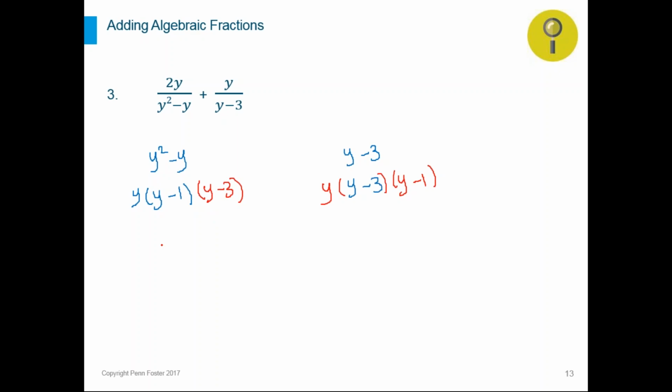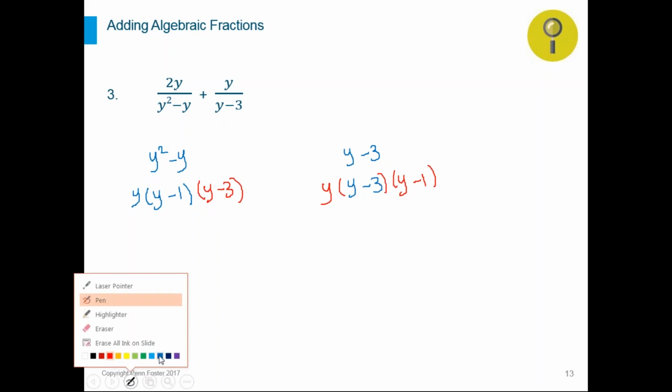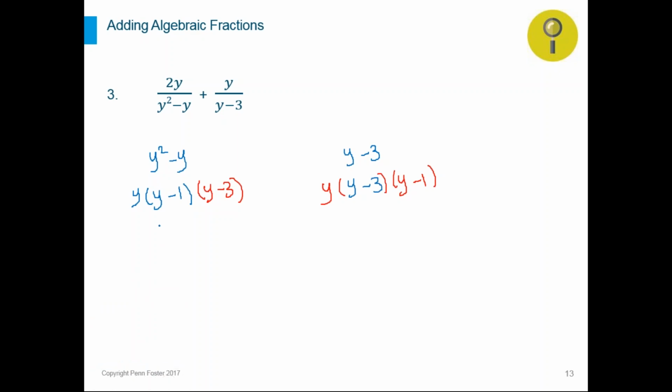Let's go back to the fractions and multiply. Let's rewrite the fractions so we can do the correct multiplications for the numerators. For this fraction, I used 2y, and then I have my common denominator here. For this fraction, I used the factor y minus 3, so I have to do the same thing for the numerator.